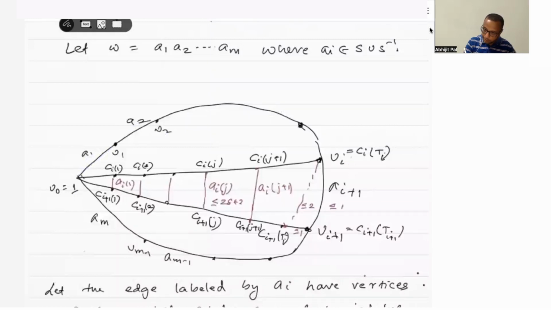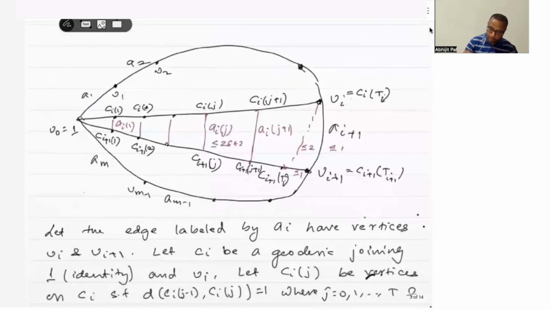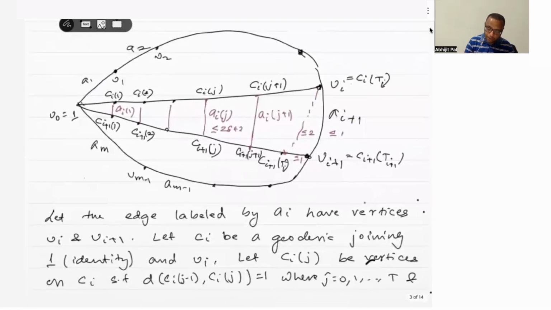The edge between Vi and Vi plus 1 is labeled by Ai plus 1. Now for this vertex Vi, we take a geodesic Ci joining the identity element and Vi.